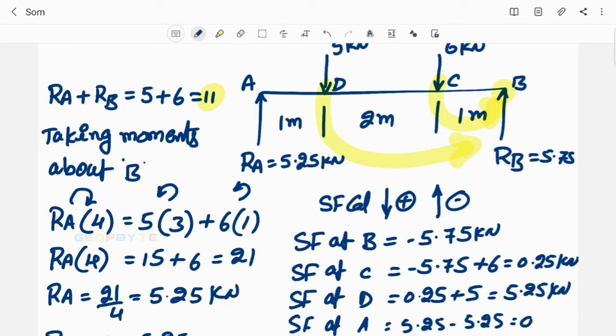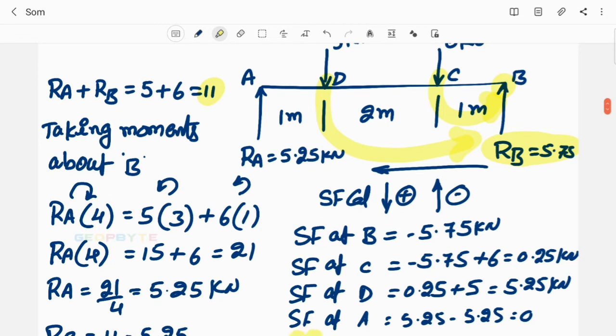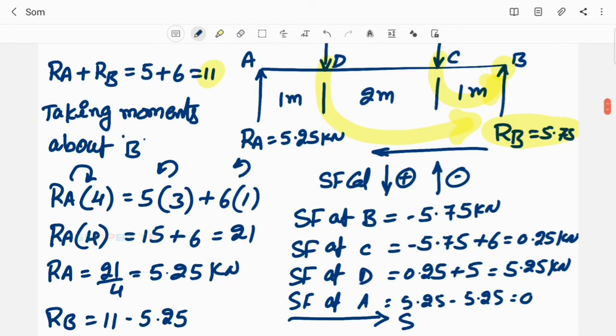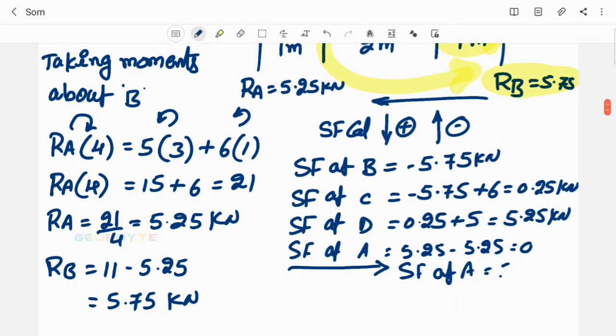If you calculate the shear force values from right to left, maximum shear force is occurring at B. Similarly, if you calculate the shear force values from left to right, you can find that the shear force at A is equal to 5.25 kilonewtons.